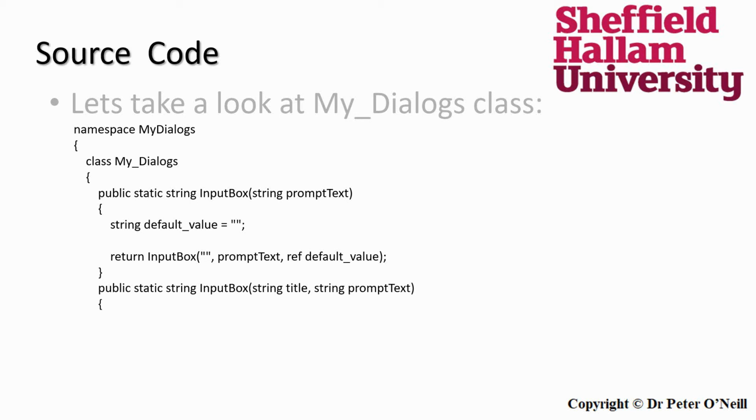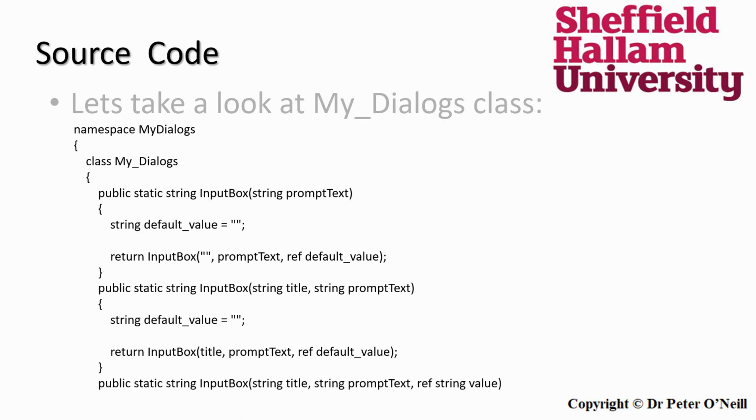Again here, we declare the default value to be returned, and then yet another return with an InputBox, this time with the 3 parameters being sent. So if we get the last one, here we are, still a public static string, and this time with 3 references. So basically you can call all 3 individually.